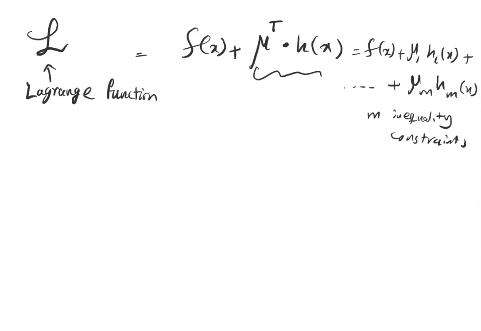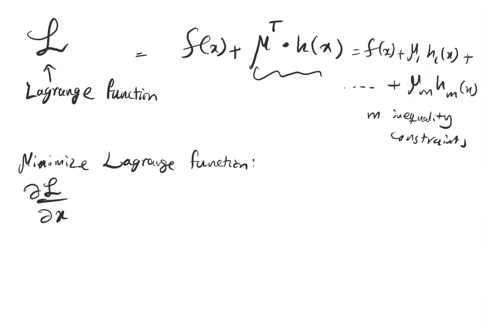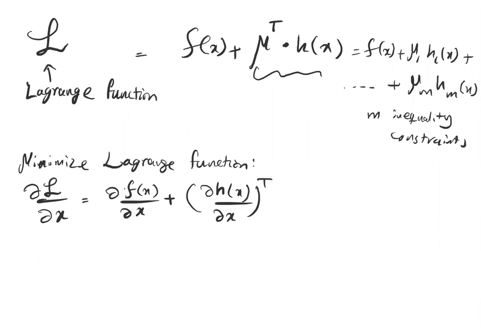All right. Now we want to minimize the Lagrange function. What do we do? We find the gradient of the Lagrange function. So the derivative of the Lagrange function with respect to x is the derivative of f of x with respect to x plus the derivative of the inequality constraints transposed, multiplied by mu, which is equal to 0.